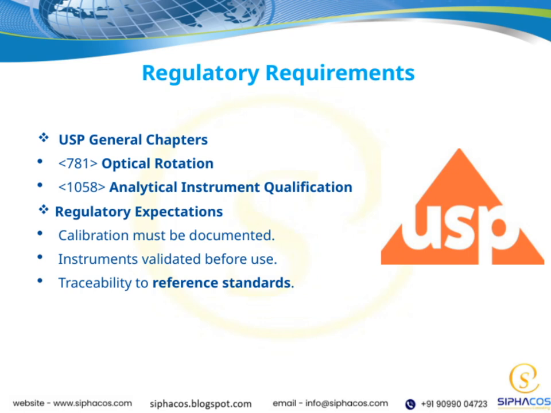This ensures accuracy and consistency, aligning with regulatory standards and maintaining the integrity of our data. Following these regulatory requirements helps us keep our processes compliant, reliable, and scientifically sound. It's all about building confidence in our results and maintaining the highest quality standards.